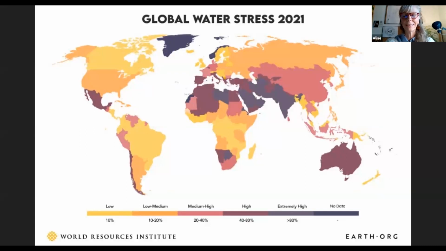So water stress is high to extremely high in a lot of countries already, and not so much in desert areas, although of course part of the desert here is also under water stress, but some of these areas are actually better equipped to deal with the water that they have, or they have less demand because there is less agriculture and less industry in these zones. Some of the areas that have the darkest colors are actually areas where there is the most industry or agriculture happening.